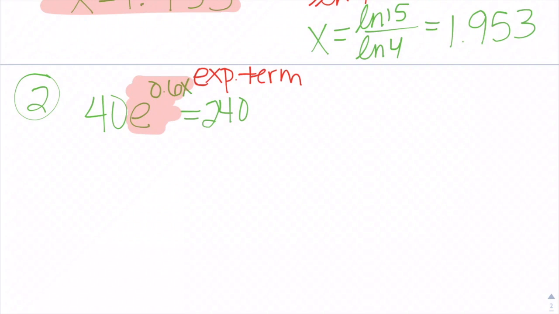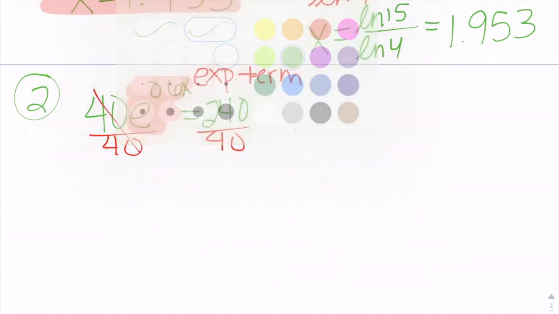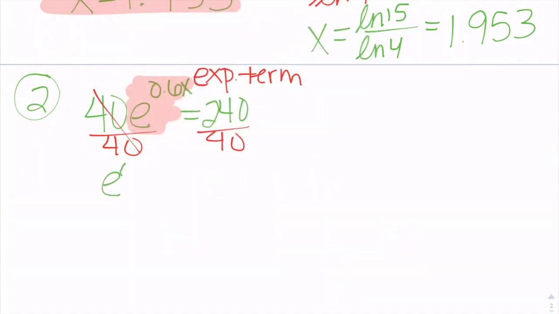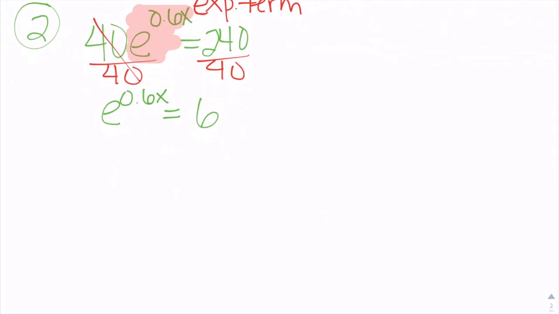And so you're going to want to isolate that, and to isolate it, we're going to divide each side by 40. And when we do that, we get e to the 0.6x equals 6. And now I'm going to convert this into logarithmic form.